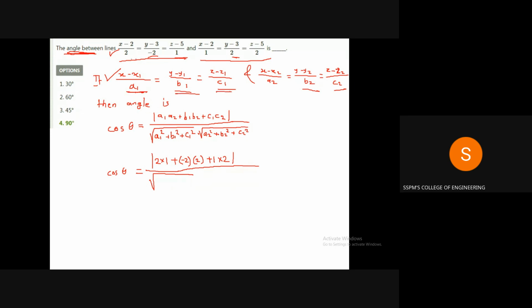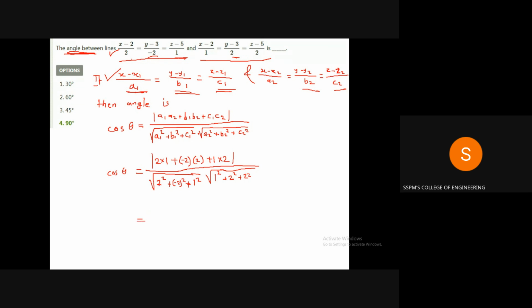So we can write 2 square plus (minus 2) square plus 1 square, and in the second square root, a2 square plus b2 square plus c2 square, that is 1 square plus 2 square plus 2 square, okay.